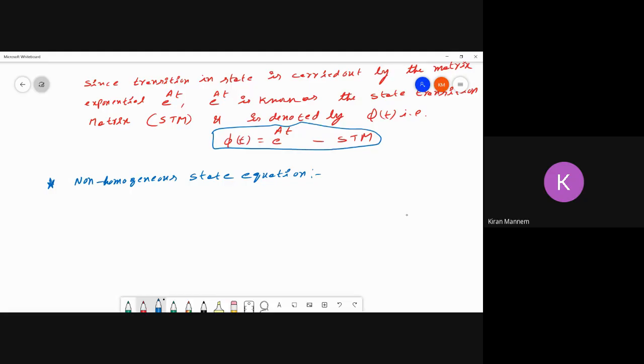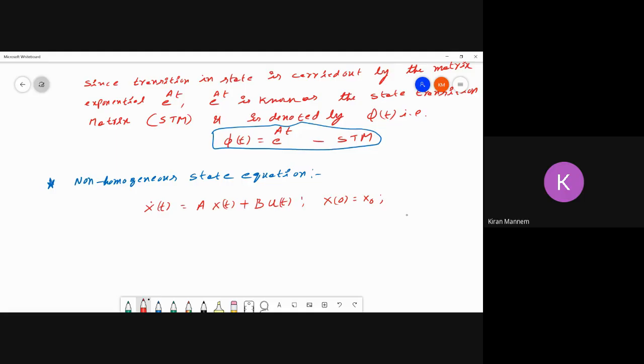So let us write the state equation first. Non-homogeneous state equation, that is x dot of t is equal to A into x of t plus B into u of t, right? So your x of 0 is equal to x0, that is with forcing function.